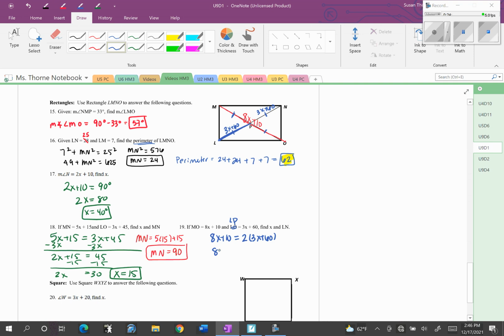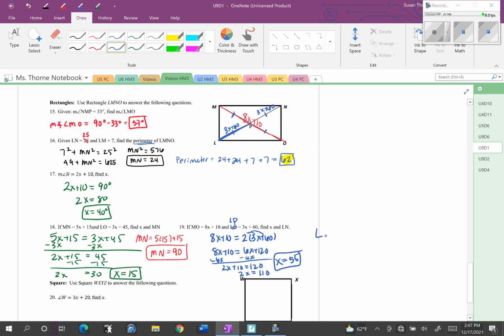So that gives us 8x plus 10 equals, distribute the 2, so 6x plus 120. Subtract 6x, that gives us 2x plus 10 equals 120. Subtract the 10, 2x is equal to 110. Divide by 2, and x equals 55.